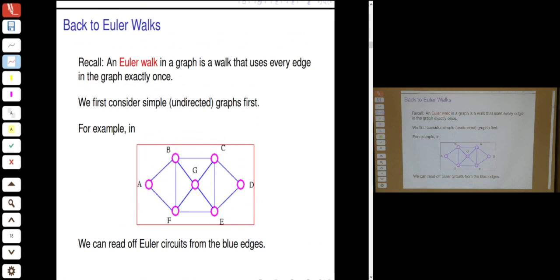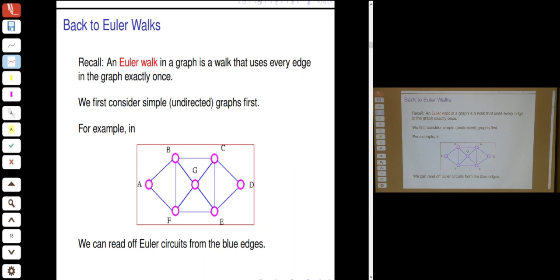Okay. So, back to Euler walks. An Euler walk in a graph is a walk that uses every edge in the graph exactly once. So, you are doing a walk, traversing the edges of the graph by walking from one vertex to another. And an Euler walk is such a walk which uses every edge exactly once.